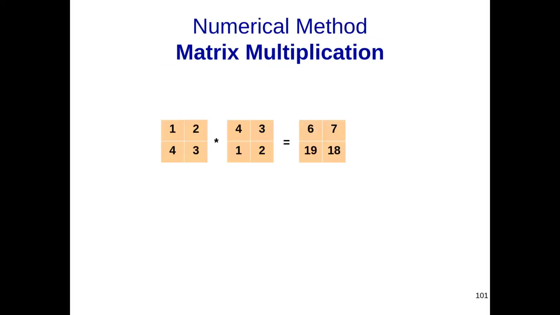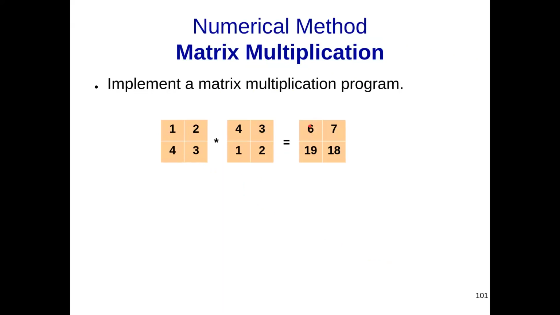So the method essentially goes over the row of the first matrix and the column of the other matrix, does the multiplications of these corresponding elements, and then writes it at the appropriate place in the final matrix. So that is essentially C equal to A into B matrix multiplication.